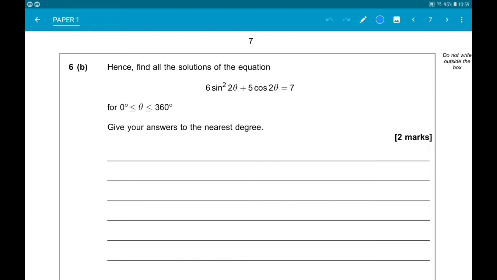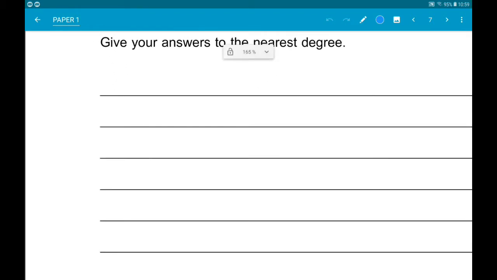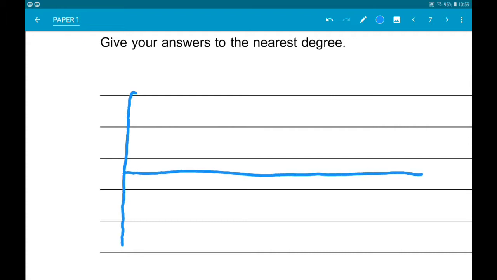Okay, so probably the easiest way to explain this, I think the way people prefer, is to change the graph. So cos of 2 theta gets squashed together, so we now get two periods in 360 degrees.